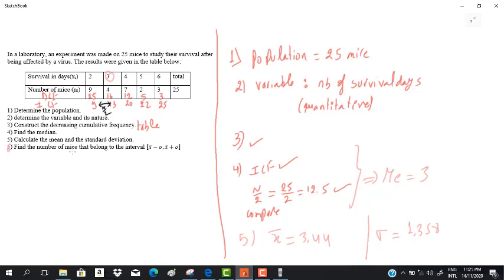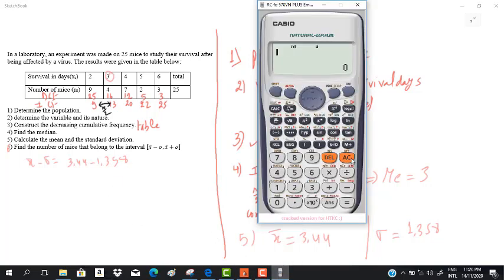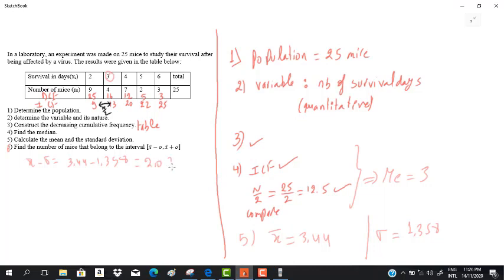Find the number of mice that belong to the interval x bar minus sigma, x bar plus sigma. X bar minus sigma, I need to calculate it at first. 3.44 minus 1.358. I'm gonna use the calculator to do the calculations. It equals 2.082.